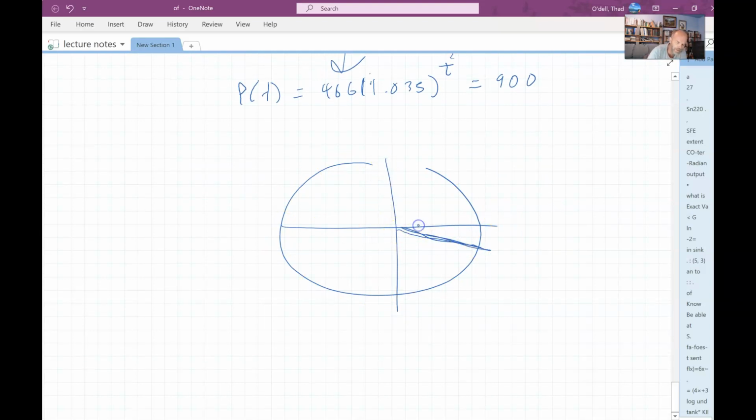And if you think about sine, the same answer is going to show up again right there. And so this is the one we want.